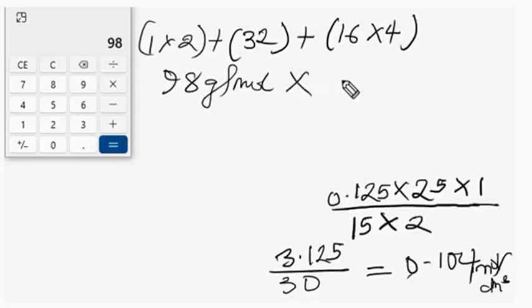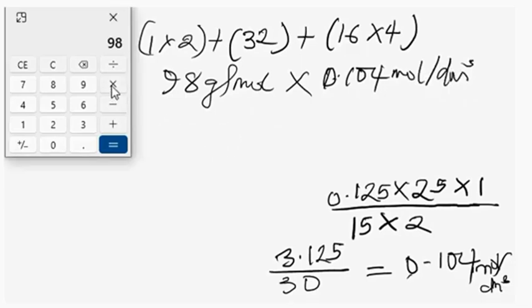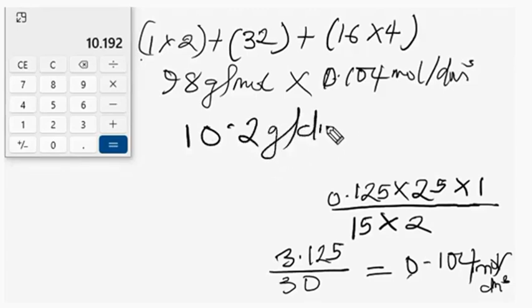So if we multiply this by 0.104 mole per dm cube, we're going to get, let's multiply this, if we multiply this by 0.104, that's 10.19, approximately 10.2 gram per dm cube.